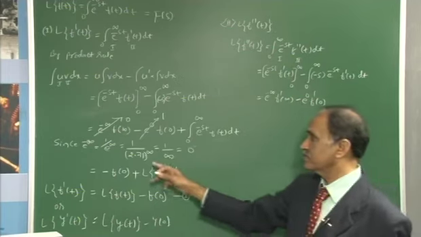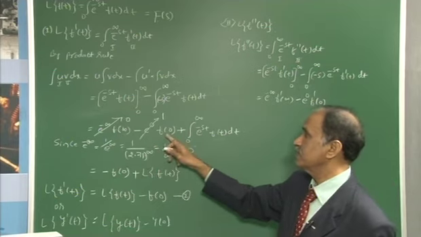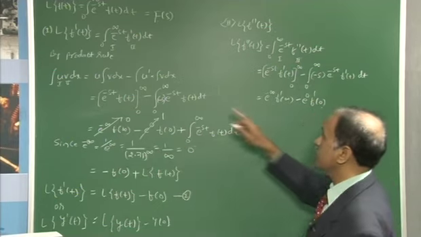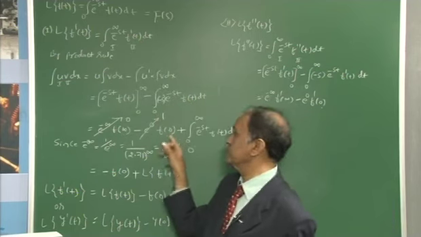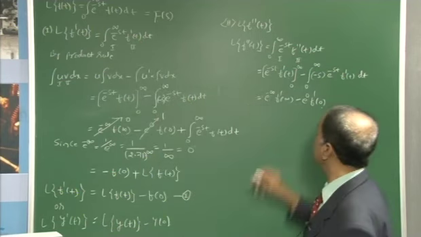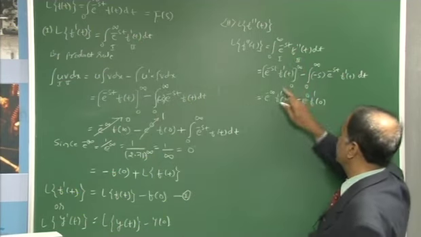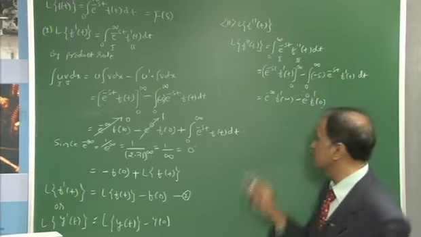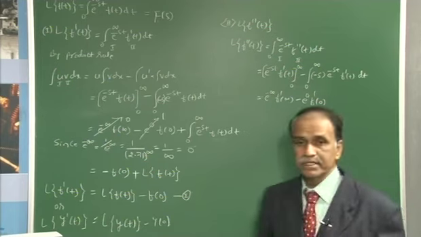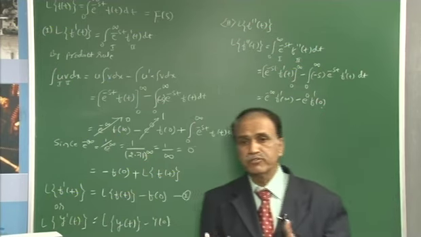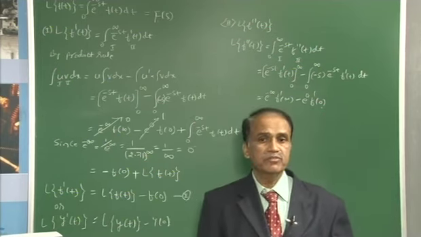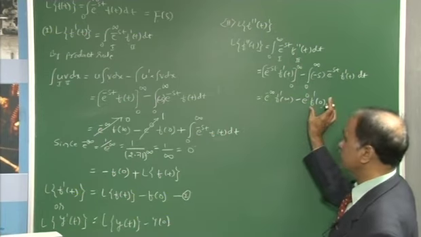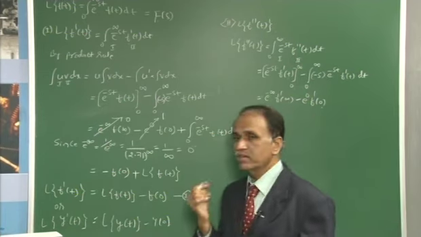There you had f of 0, which was obtained from f dash, reduced without derivative, and here it is obtained from f double dash and reduced to f dash, but at t is equal to 0. This is called the functional value, whether in derivative form or not.